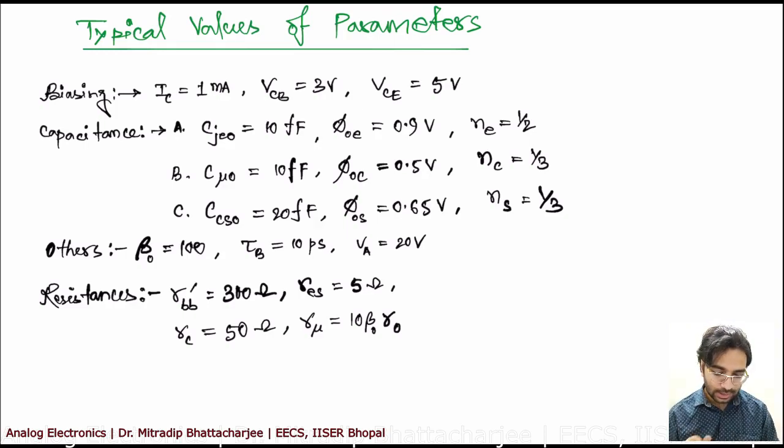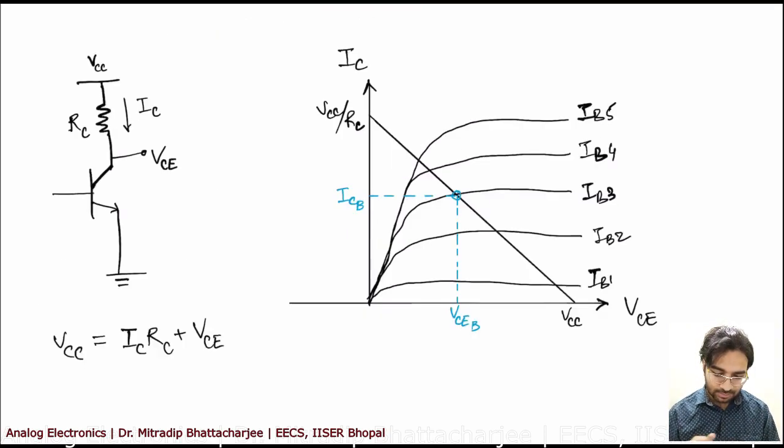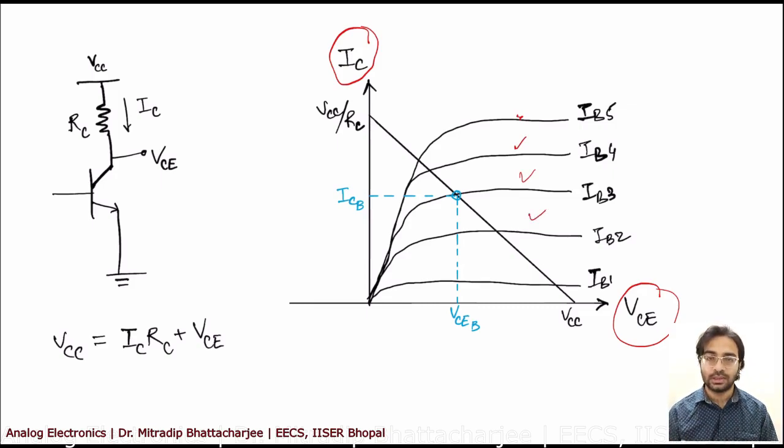Okay, so before that, let us see something which is, we know this IC and VC. This is the output characteristics, wherein for different base currents you are getting these different output characteristics of the BJT. Now if you see the circuit here, you have VCC, then you have RC, and the emitter of this circuit is grounded.